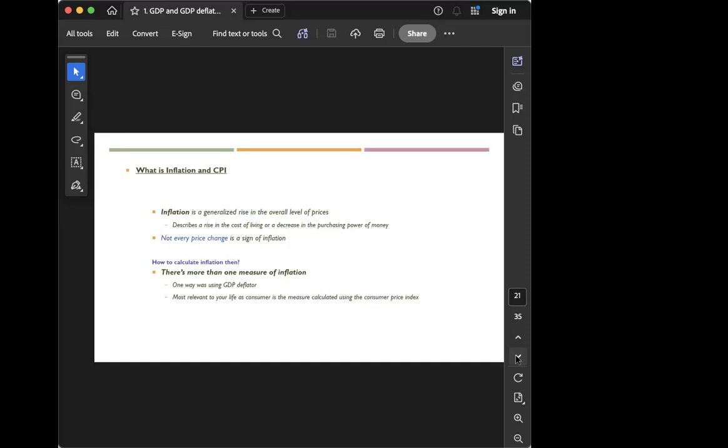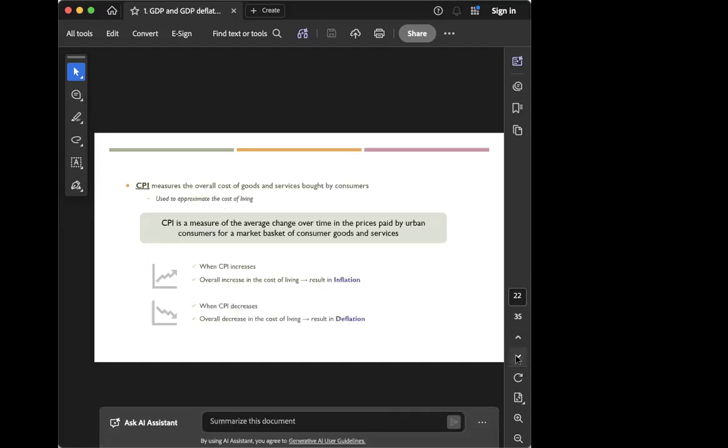There is more than one measure of inflation. One we learned right before uses the GDP deflator. Another very commonly used one is the consumer price index, which is CPI. CPI is especially relevant to consumers because it focuses on the goods and services that households typically buy.